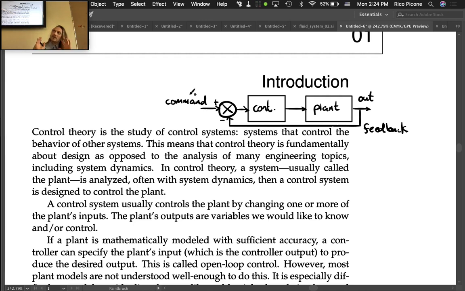So you have this input to the system, and you have to decide how much to do. If every time you were below the speed you want, it just went full throttle, and every time you were above, it braked for you, that would make for a wild ride, right? And it would be very inefficient.